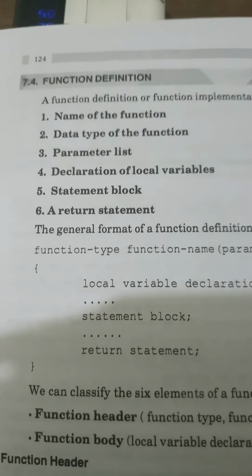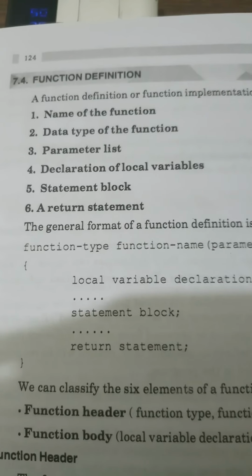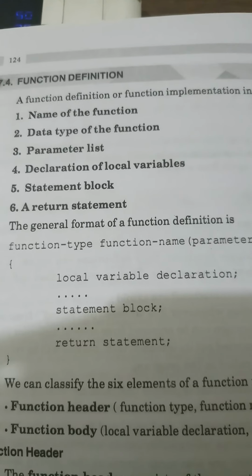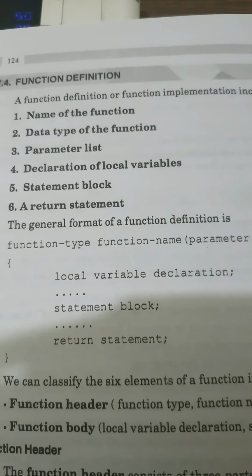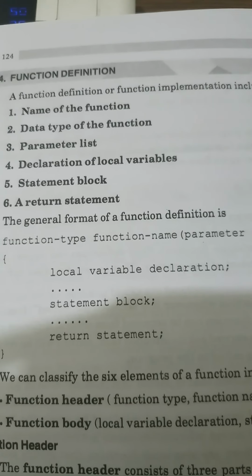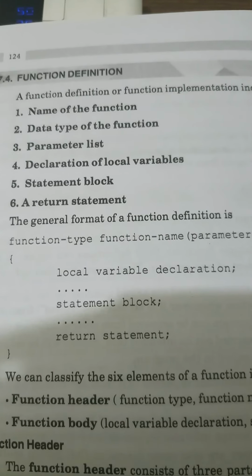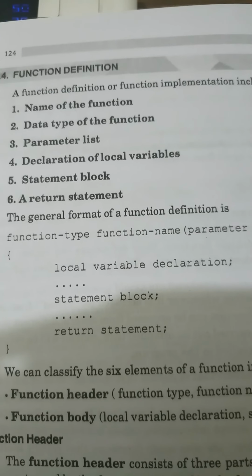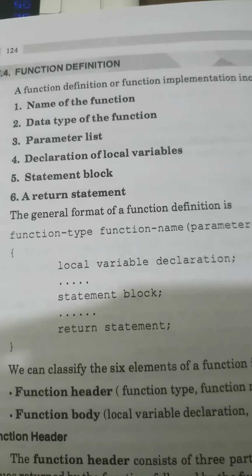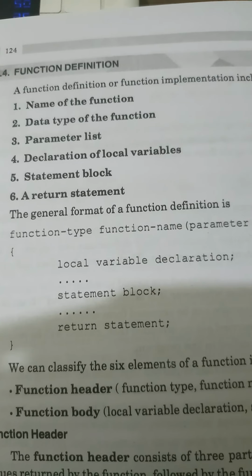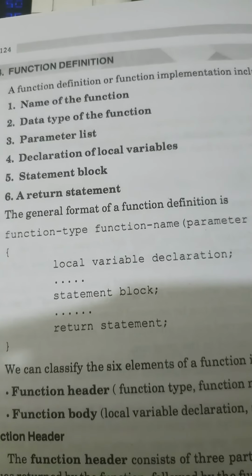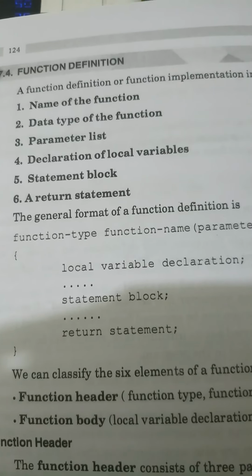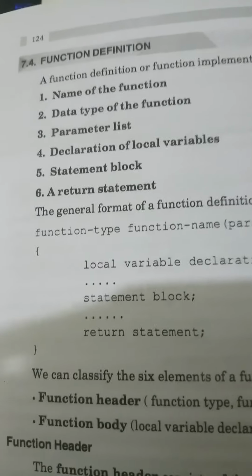We have already defined in an earlier lecture in functions programming in C: name of the function, data type of the function, parameter list, declaration of local variables, statement block, a return statement.